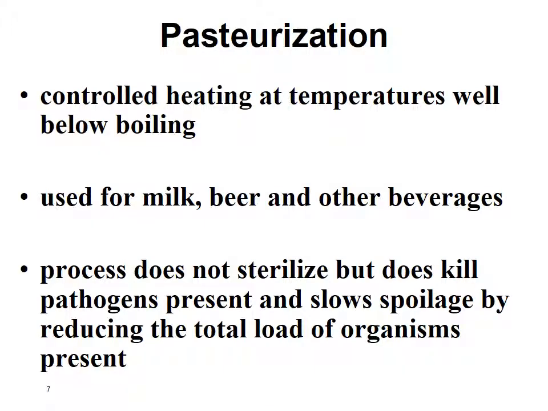Many substances, including milk, are treated with controlled heating at temperatures well below boiling, and this process is known as pasteurisation in honour of its developer, Louis Pasteur. In the 1860s, the French wine industry was plagued by the problem of wine spoilage, which made wine storage and shipping very difficult. Louis Pasteur examined spoiled wine under the microscope, and he detected microorganisms that look like the bacteria responsible for lactic acid and acetic acid fermentations.